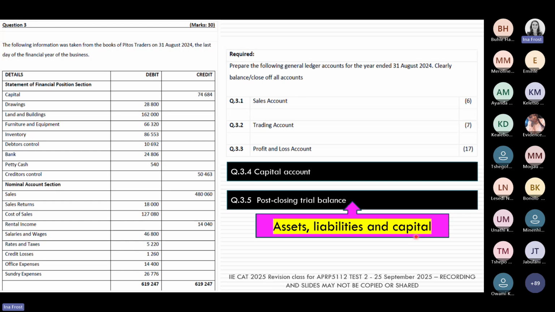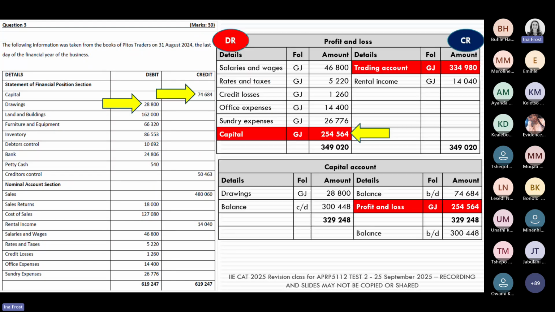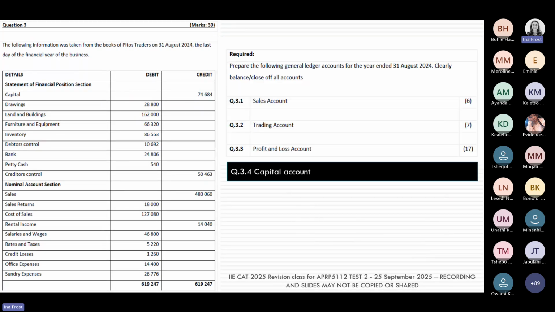And for capital, we're now going to use that new balance. We are going to go back here and use that brand new balance, 300,448. That is now going to be your new capital balance. So you're not going to use the 74,000. You're going to use the new one that you've just calculated.